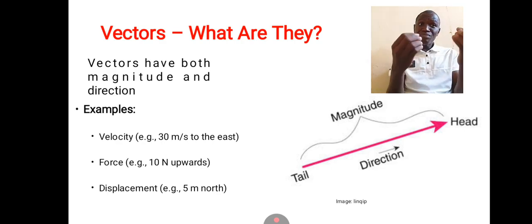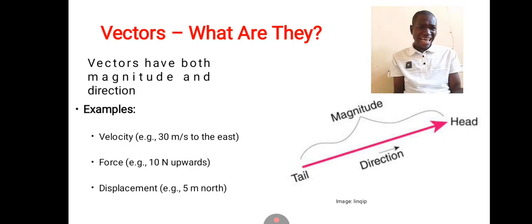But if I'm measuring mass, can I say 20 kilogram to the west? Does that matter? Do you get my point now? You don't need direction when you are dealing with scalars. They have magnitude, but they don't have direction at all.